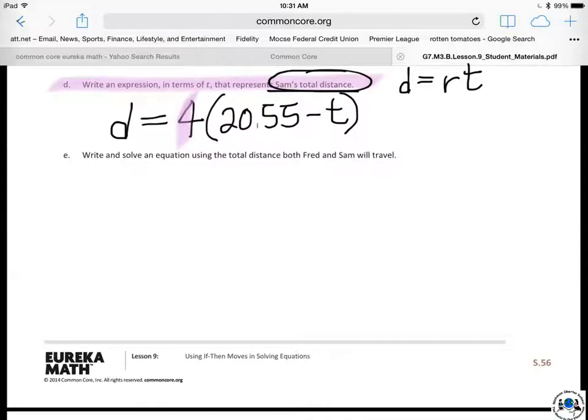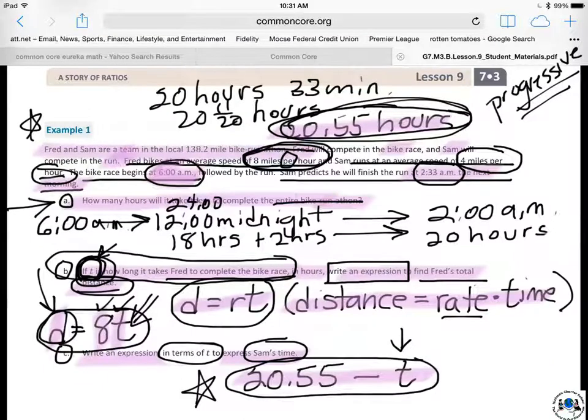So the rate, the r, was 4, and that came from the beginning of the problem, the 4 miles per hour he was going to run. And then the time we represented right down here: 20.55 minus t, because if you remember, that was the total time minus Fred's time.